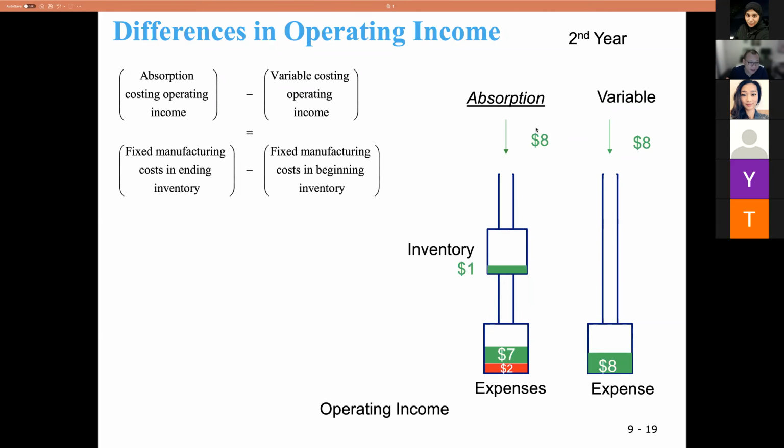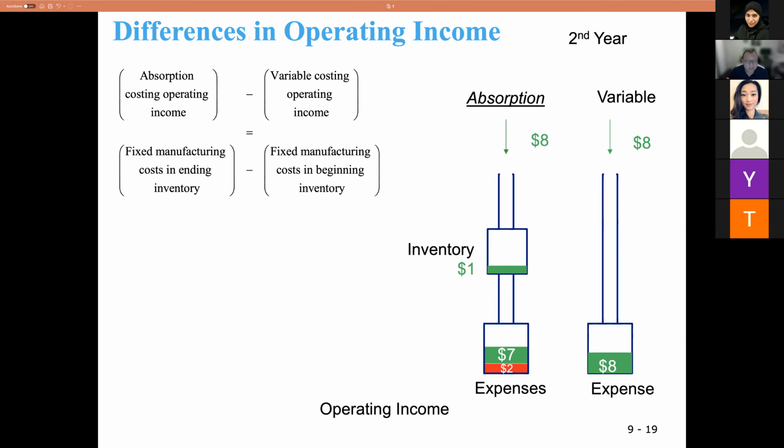For the current year, I use green, the 7. You can see 7 out of 8. That percentage of that year's production is actually sold, and there's only $1 of fixed manufacturing overhead cost sitting in the ending inventory.